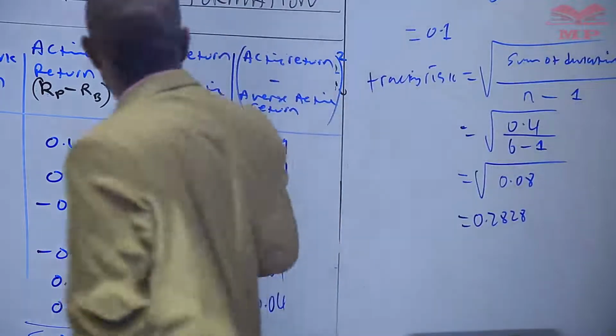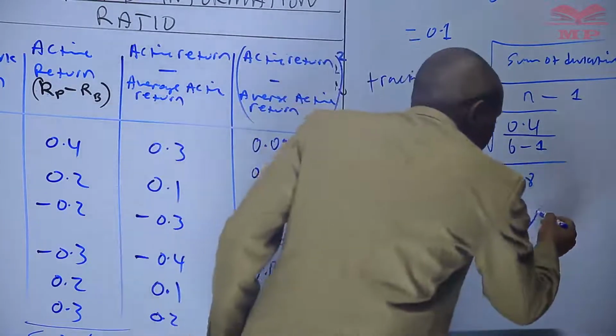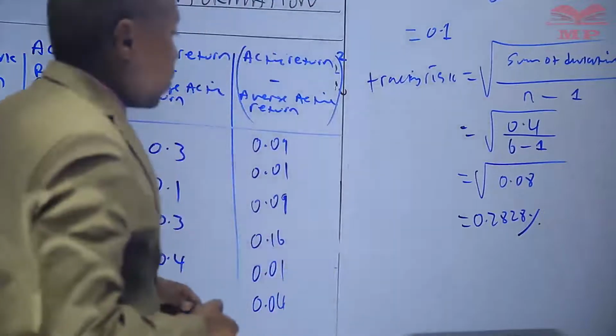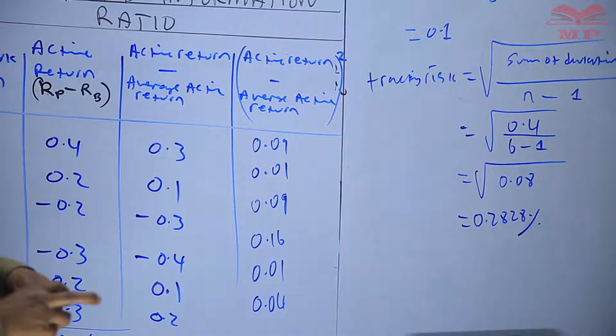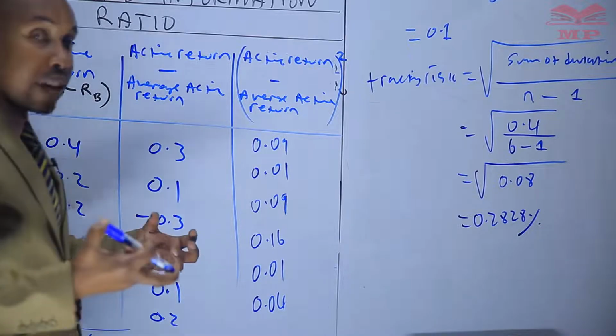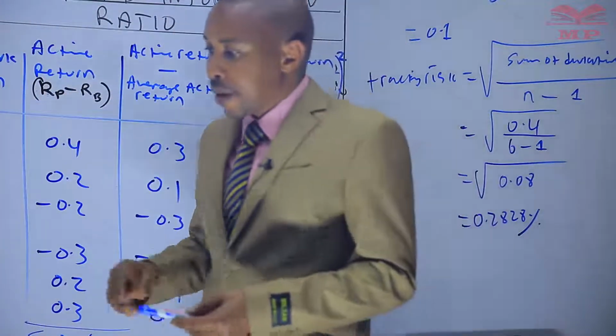That's what we are saying is the tracking error. 0.2828%. In fact, it should be percent, because you're saying it's a measure of risk, the percentage exposure towards risk, the ability of the portfolio to deviate from the returns of the benchmark.